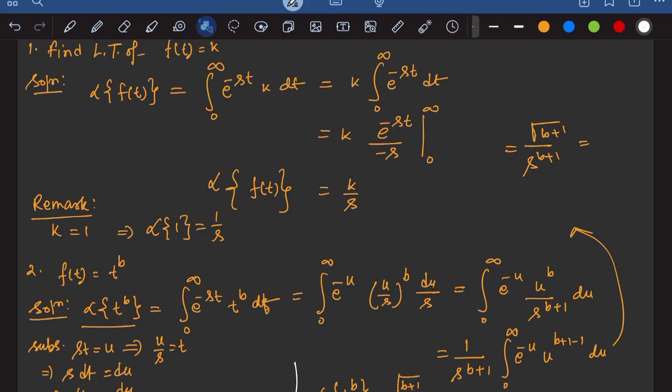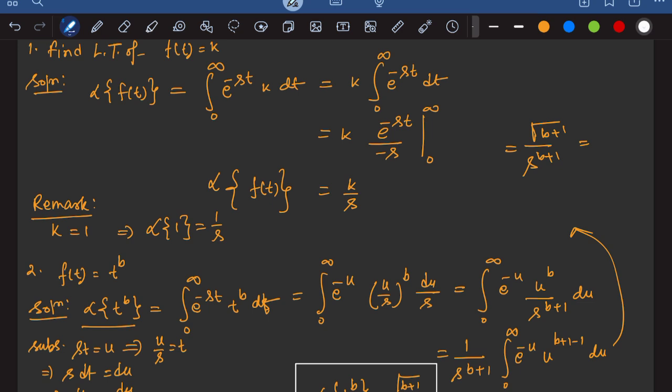Now if b is an integer, then immediately gamma b plus 1 is nothing but b factorial. So this formula reduces to b factorial divided by s power b plus 1.